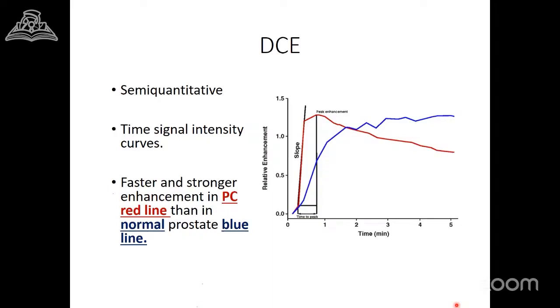In prostate cancer, the lesion typically shows faster and stronger enhancement, represented by, as you can see, the red line, compared with the normal prostate tissue shown by the blue curve. These reflect increased vascularity and more rapid contrast uptake and washout in malignant tissue.